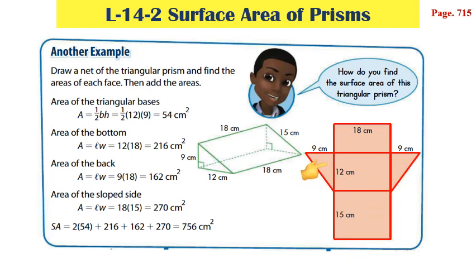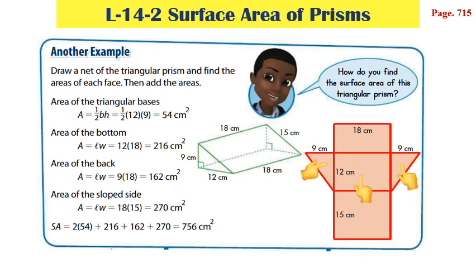Area of the triangular bases: A equals 1/2 bh equals 1/2 times 12 times 9 equals 54 square centimeters. Area of the bottom, 18 centimeters: A equals l times w equals 12 times 18 equals 216 square centimeters.